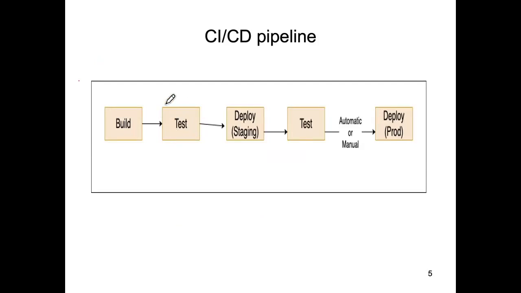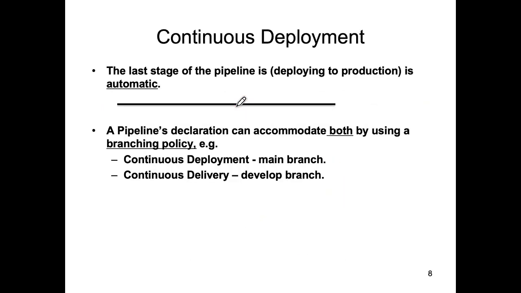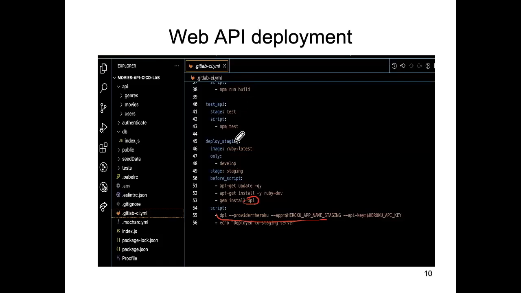You've got a good sense of CI pipelines. The only thing you don't know about is how we do deployment. I've given you a screenshot of how you do auto deployment to the Heroku platform, but I'll give you the actual code.